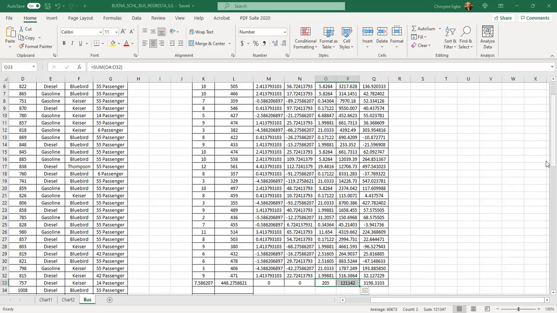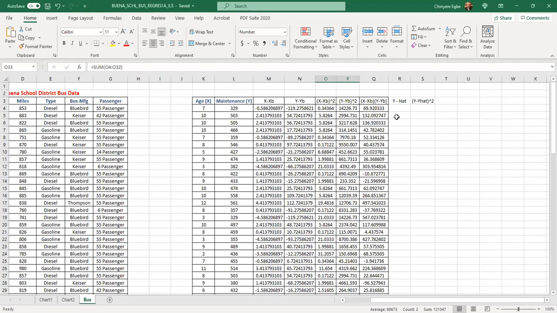Okay. So we're going to calculate y minus y hat. And so now we don't have y hat. I think we have to use a different formula because we have to calculate y hat for every y.